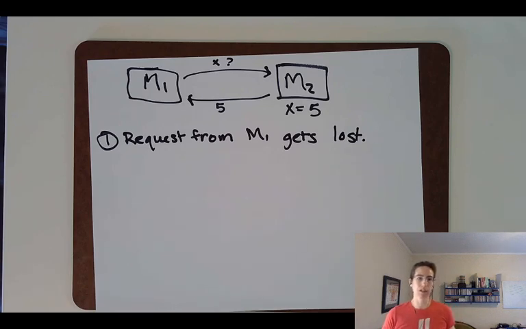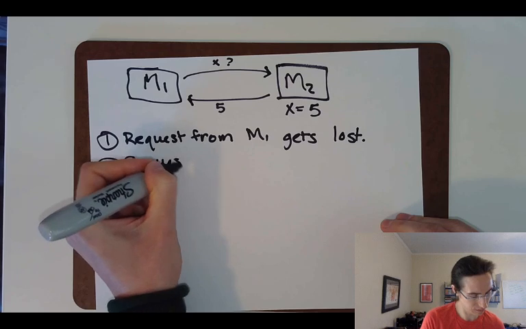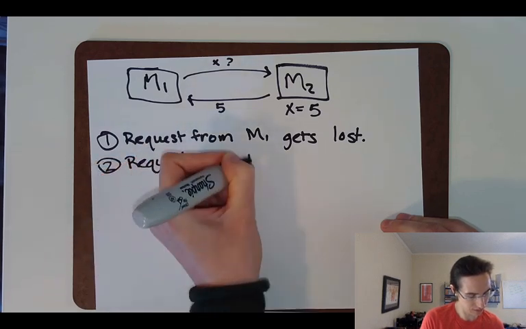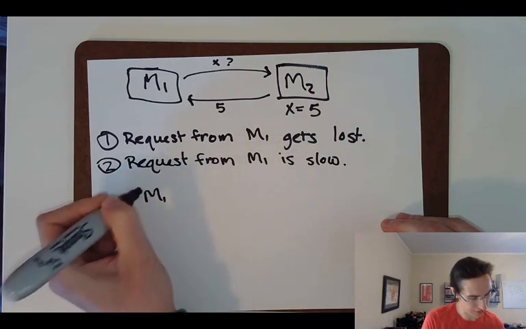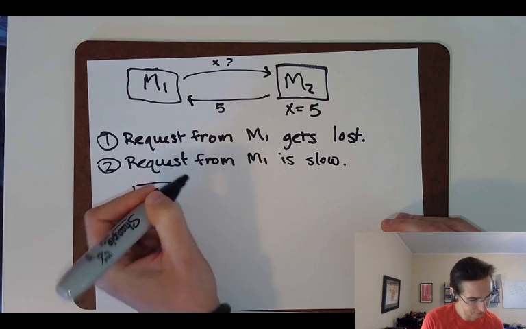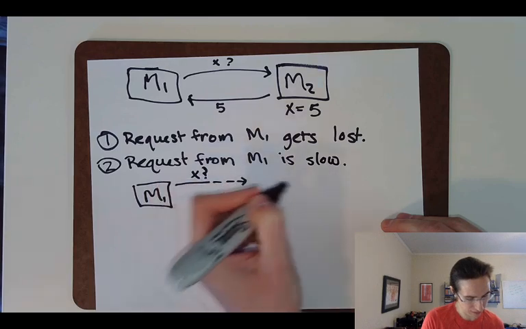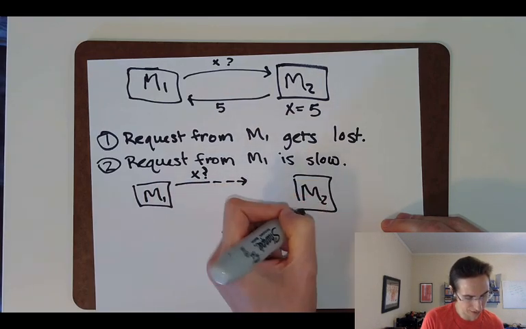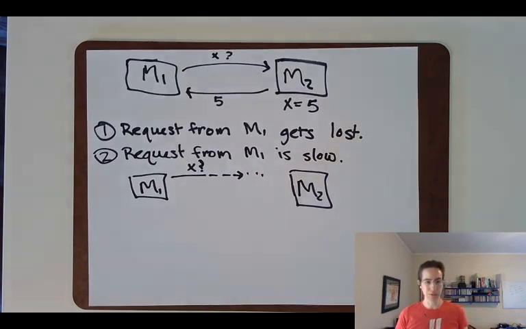So then there's another possibility, right? Which is that this request from M1 is just slow. So you could have M1 ask, what's X? and this message starts to get sent, but then M2 is waiting and waiting and never actually receives it, or it takes a long time for it to receive it.